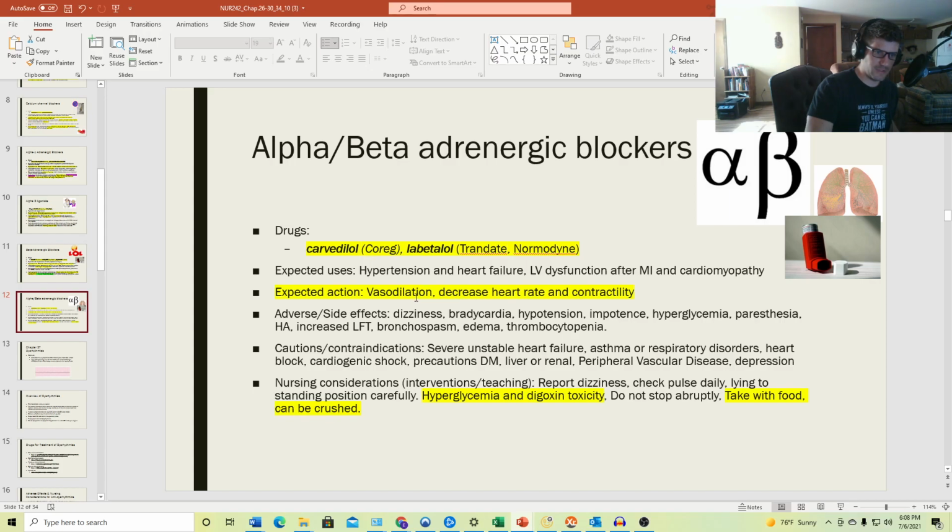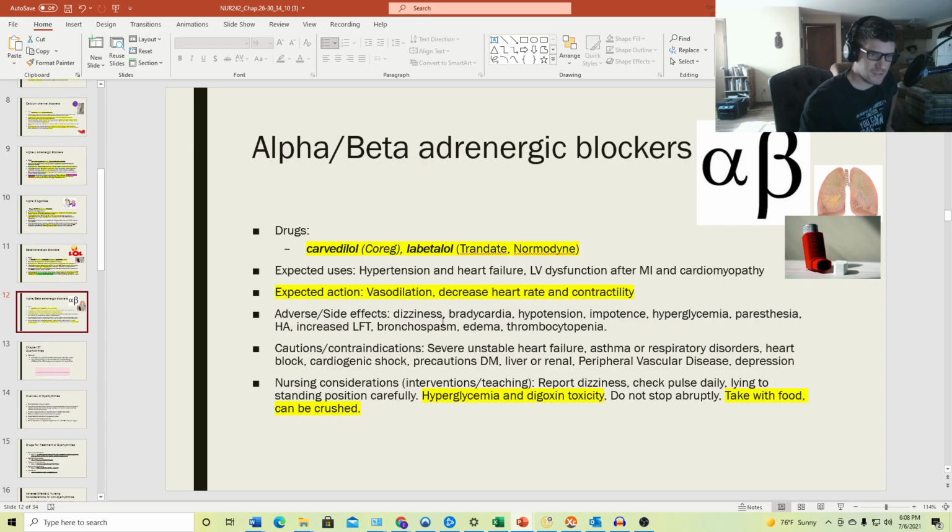Expected action, vasodilation, and decrease heart rate and contractility. Expected use, hypertension, heart failure, LV dysfunction after MI, and cardiomyopathy. So again, the expected action is vasodilation, decrease heart rate and contractility.